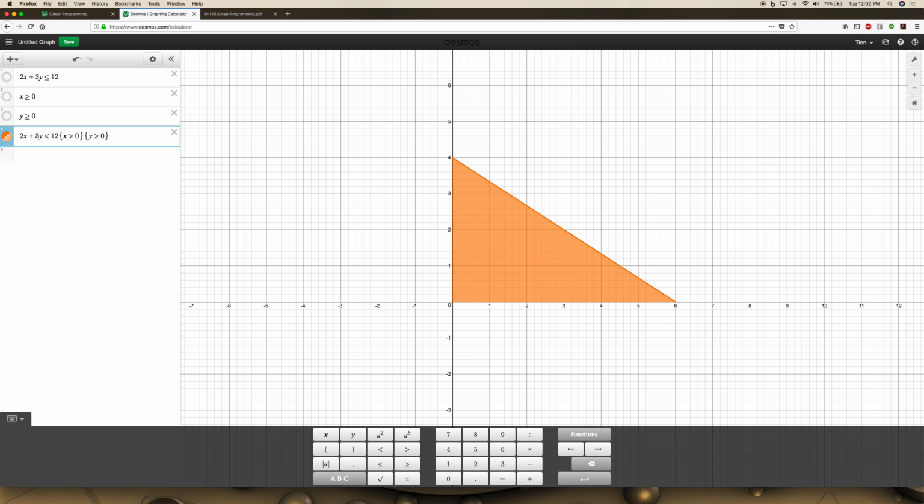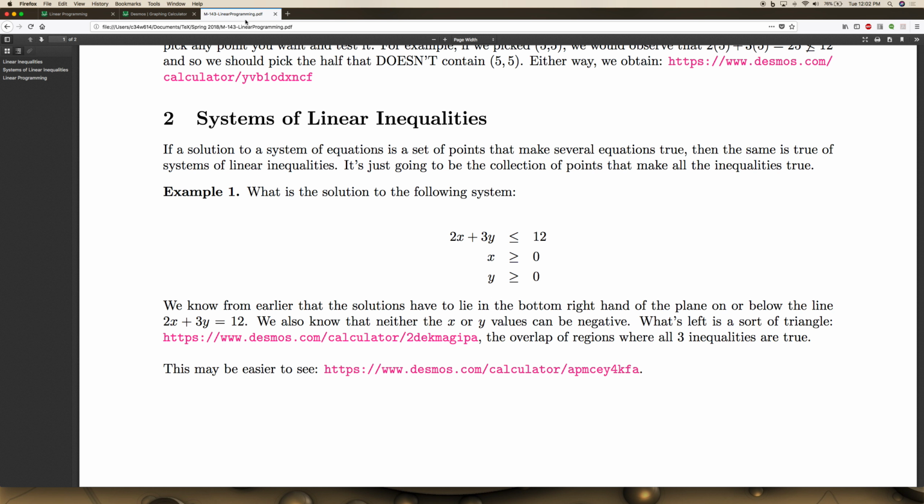And that's much nicer, much easier to see. So over here is our acceptable region. This orange triangle here is the solutions to our system of inequalities.